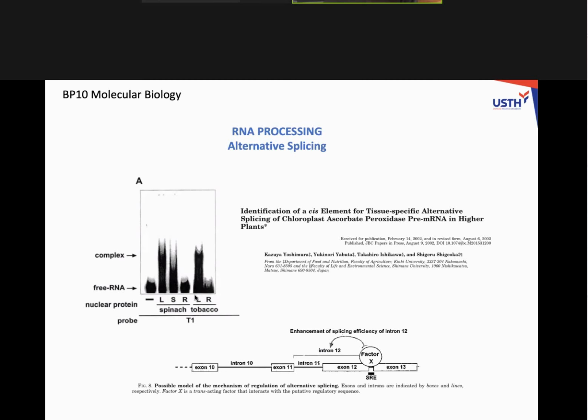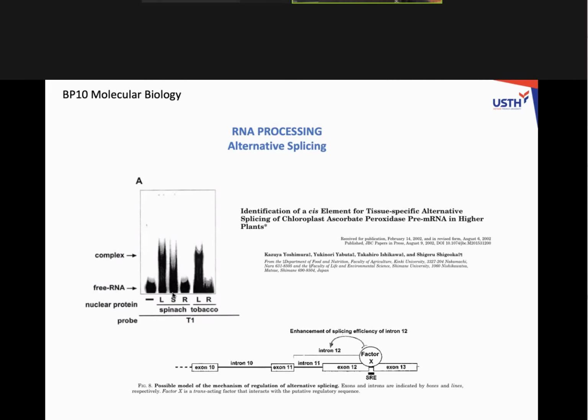So in that lane, they put the probe plus protein extracted from the leaves of tobacco. In the last lane on the right, they put the probe as well, but the protein they put is coming from the same plant, but from the roots of the plant. And here they do the same using spinach. L is for leaves, R is for root, and S is for stems.